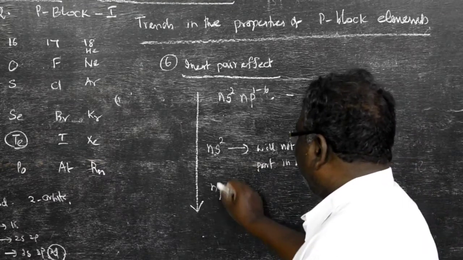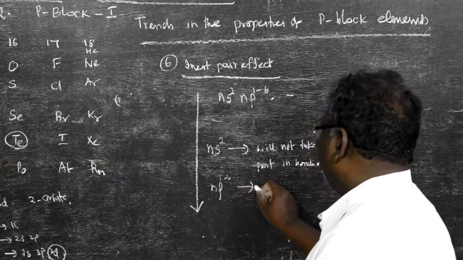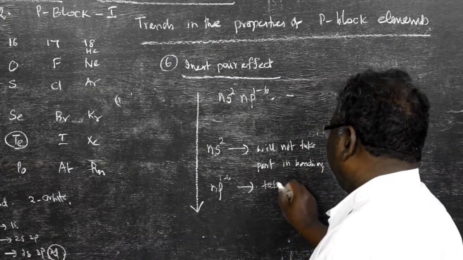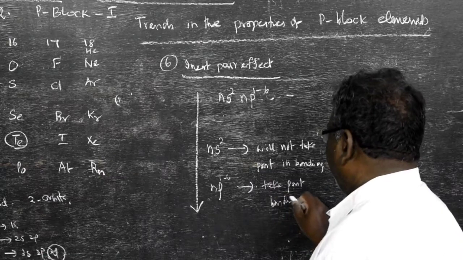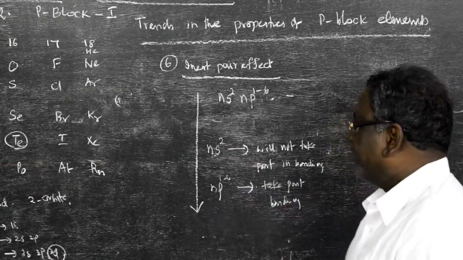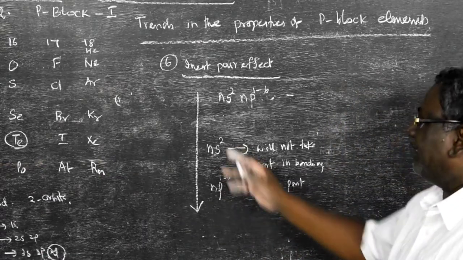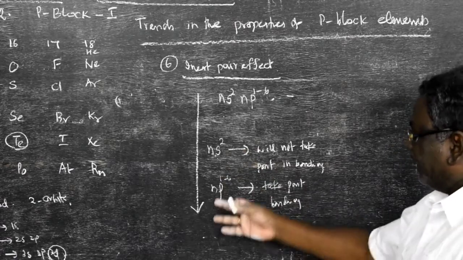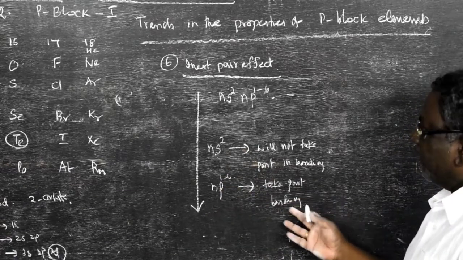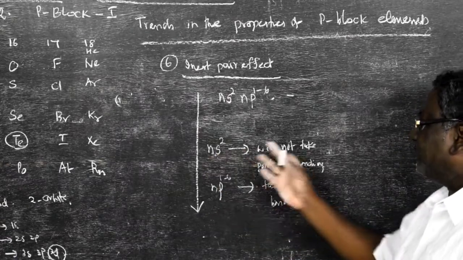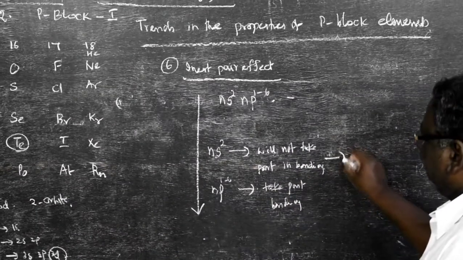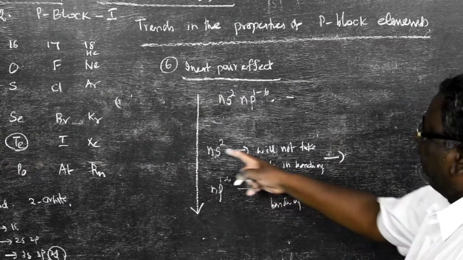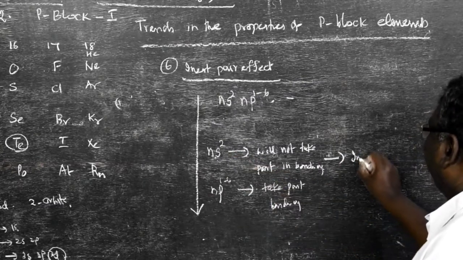Only the np electrons will take part in bonding. So the ns2 electrons will not be involved in the chemical reaction, only the np electrons will be actively taking part. Therefore, this is called inert pair.